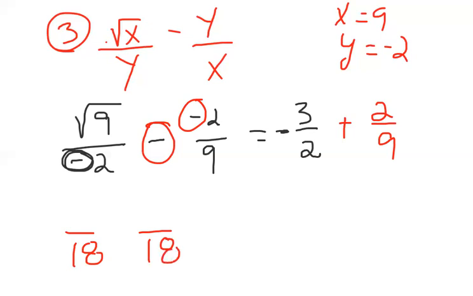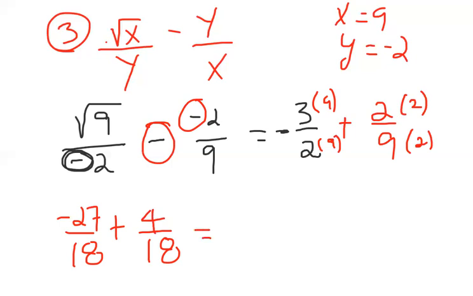Remember, whatever you do to the denominator, you must do it to the numerator. To go from 2 to 18, we multiply 2 times 9. So we're going to do likewise to the numerator. We get negative 27. Next, to go from 9 to 18, we multiply this by 2. So we're going to multiply the numerator by 2. So we get 4. So now, guys, the denominators are alike.